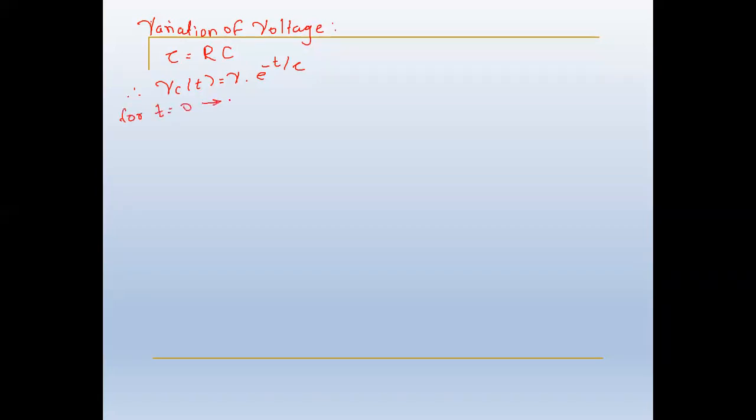Let us consider different values of t. Let us start with t equal to 0: Vc(t) is equal to V into e raised to 0, which is nothing but V. It means at t equal to 0, V will be a maximum.